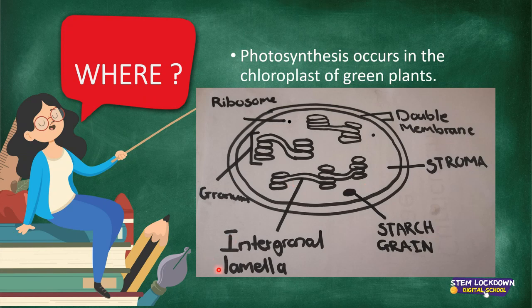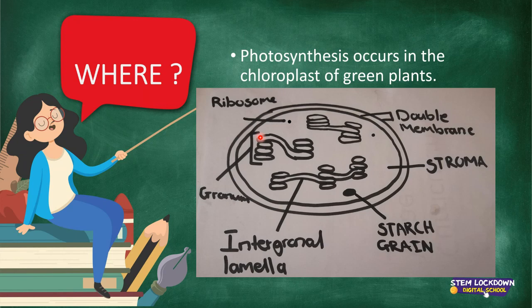And then we have your integral lamella. We have the granum, and then one is grana. And we have the ribosome, okay? So we'll be mentioning the roles that each of these things play in this organelle called the chloroplast.